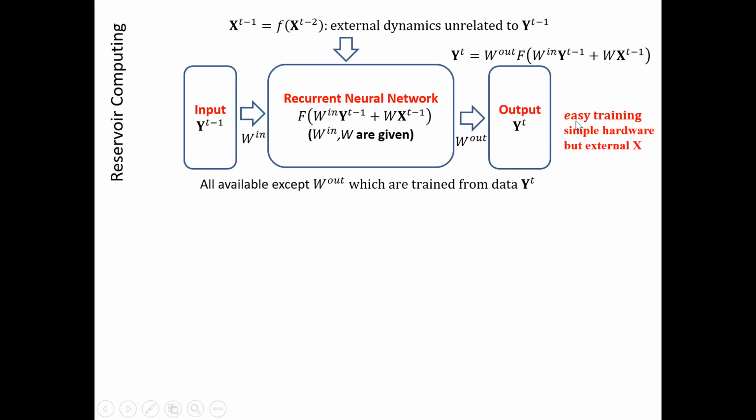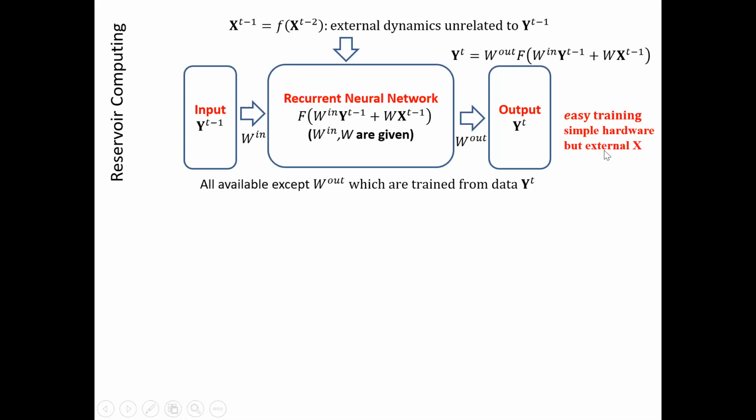It is very easy to train. The reason is that the connections of the neural network are randomly given, so the hardware is simple because you don't need to train. You just randomly give the links.